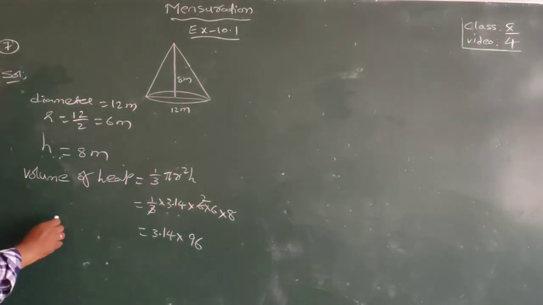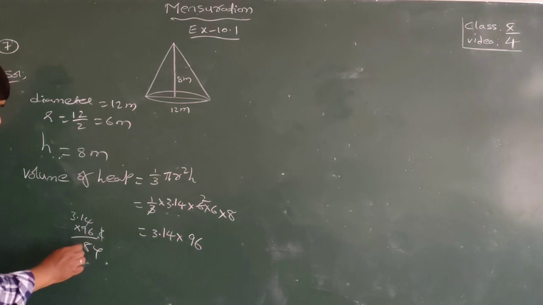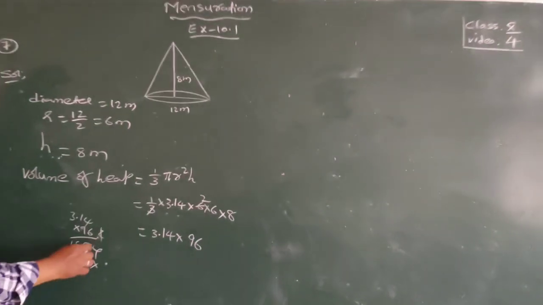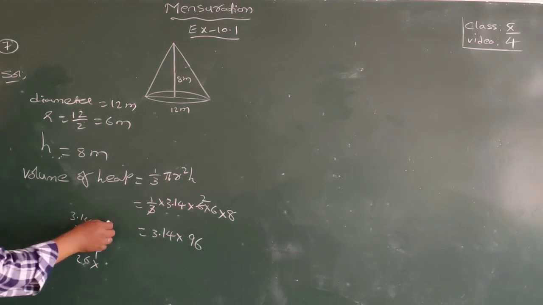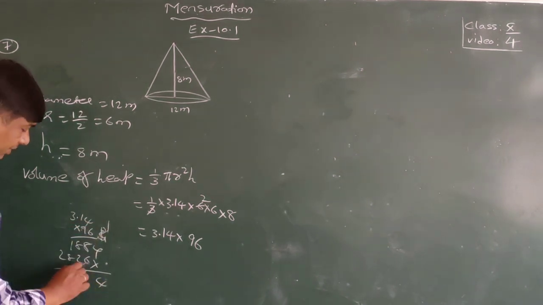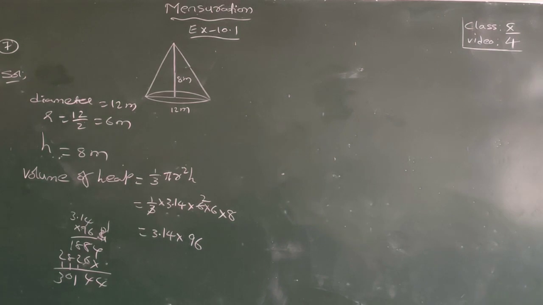Okay, multiply it: 3.14 into 96. 6 fours are 24, 6 ones are 6 plus 2 is 8, 6 threes are 18, 9 fours are 36, 9 ones are 9 plus 3 is 12, 9 threes are 27 plus 1 is 28.